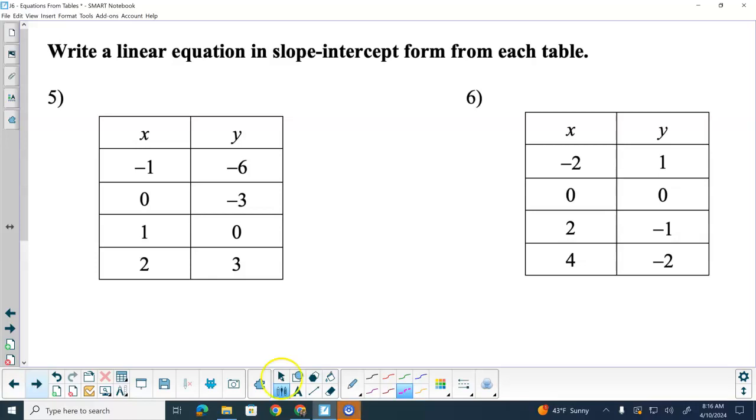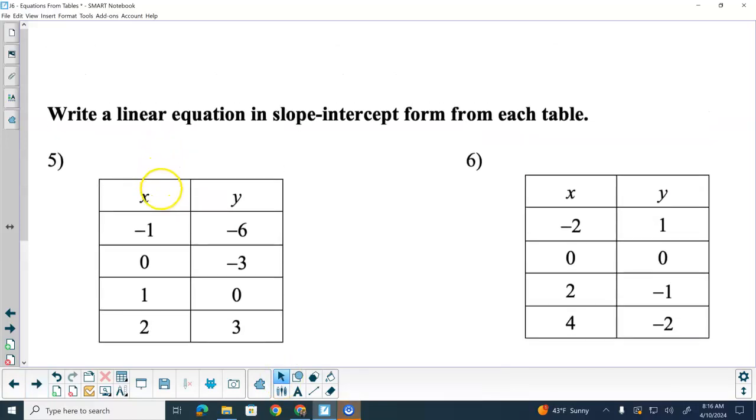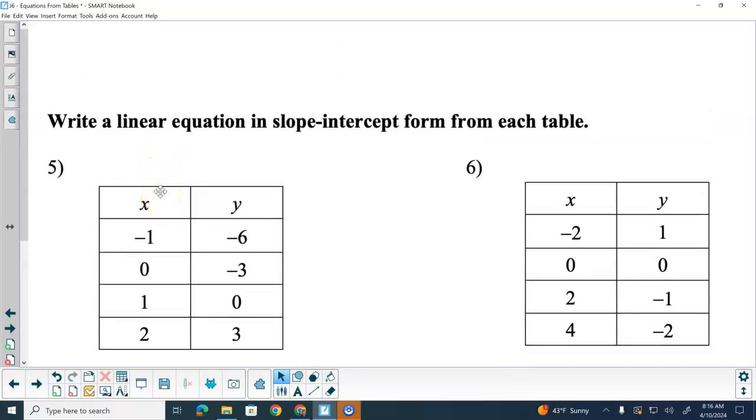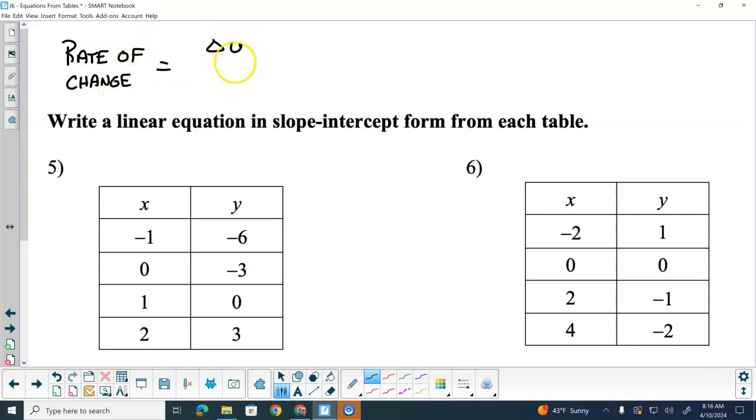Now, I remind you from the last unit that the rate of change was equal to, does anybody remember this delta y over delta x concept we talked about in unit H, the last unit that we had? We figured out the change in our y's and divided it by the change in our x.